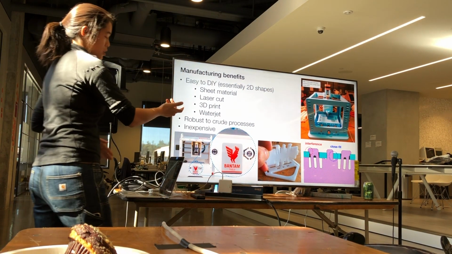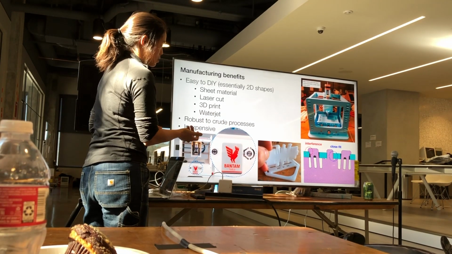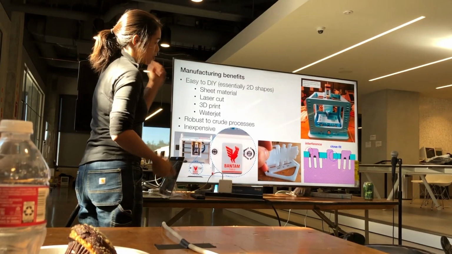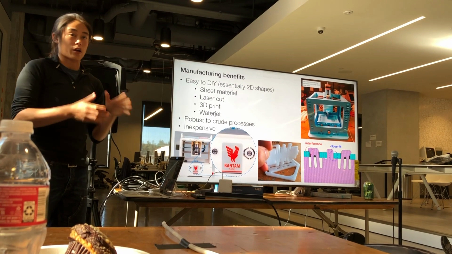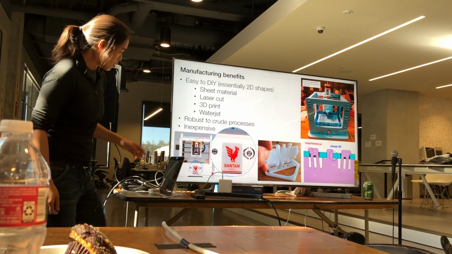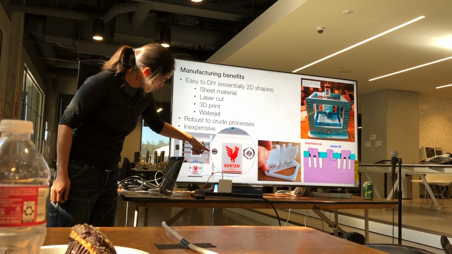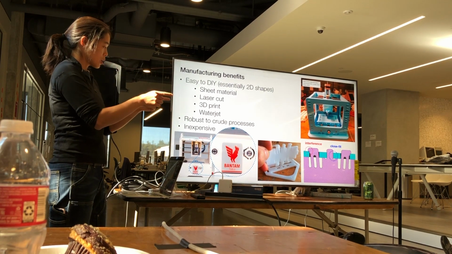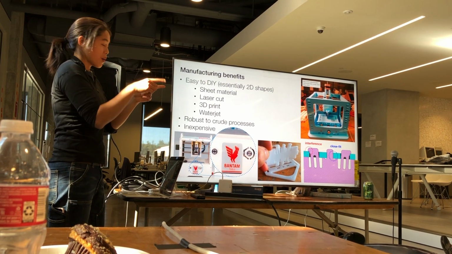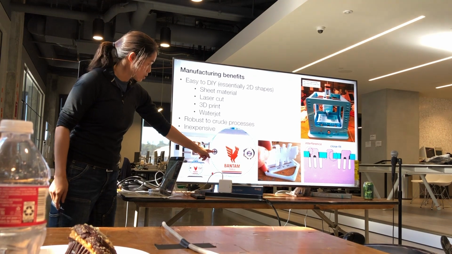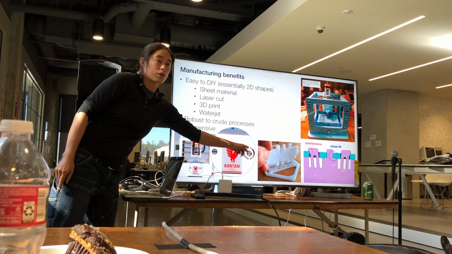That's a way of using not very precise tools to get a very precise and consistent locking feature. This also, I think, is a really common one: for two linear rails, to correct for them not being perfectly parallel, you have one that's fixed and one that has a little bit of compliance in it.